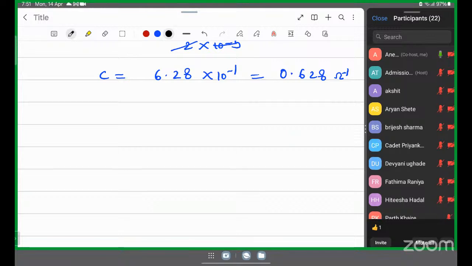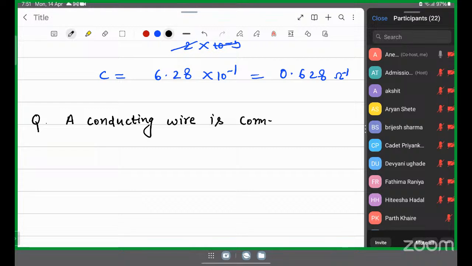Question will be simple. Okay, let's do one question based on Ohm's law. Question is: a conducting wire is connected with 20-volt potential.